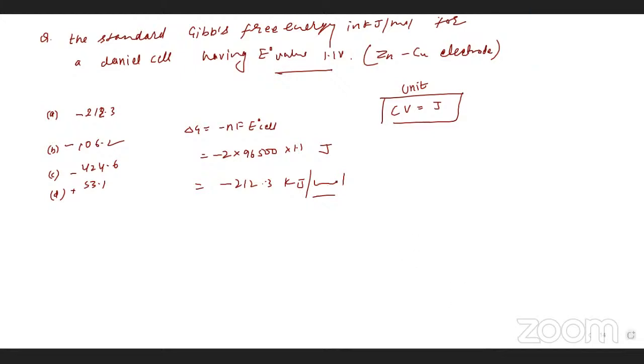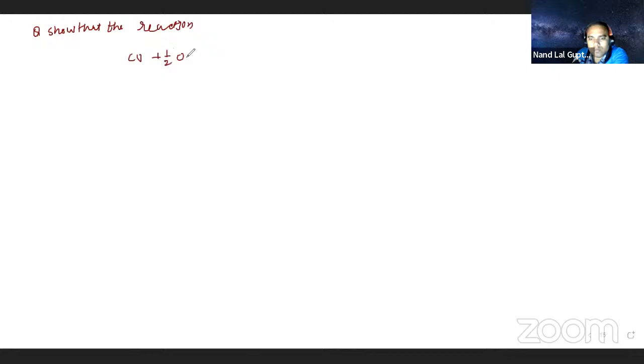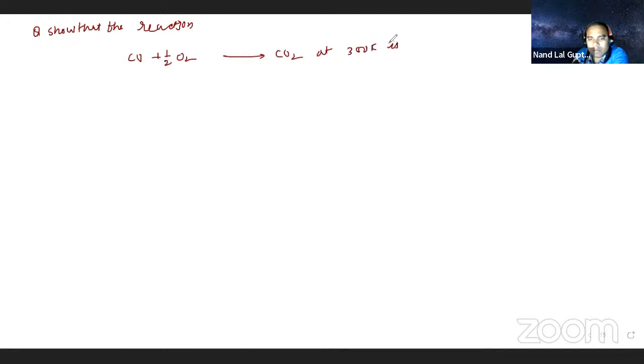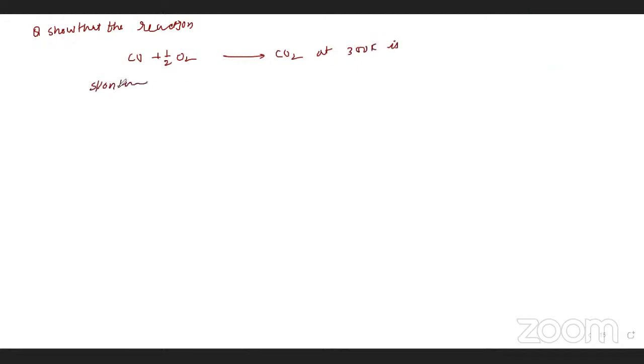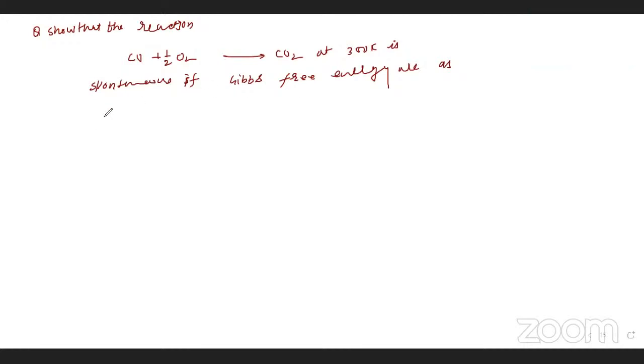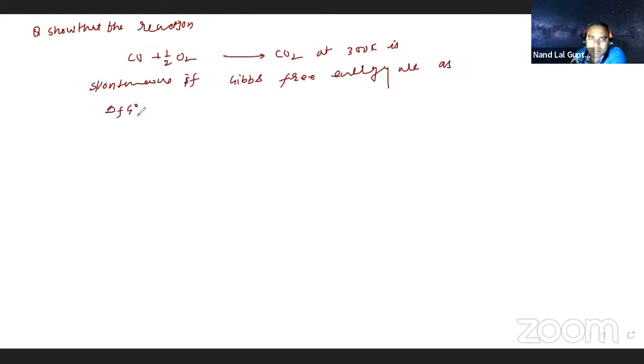Next one. Here the question says that the reaction CO plus half O2 gives CO2 at 300 Kelvin is spontaneous if the Gibbs free energy or H is given.